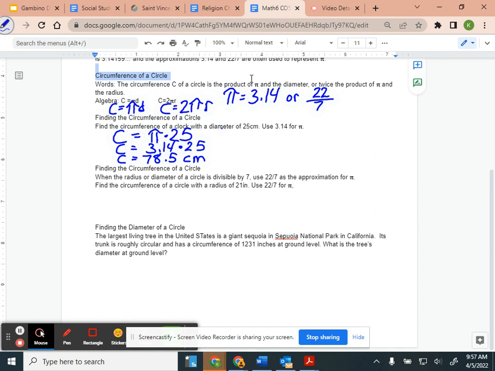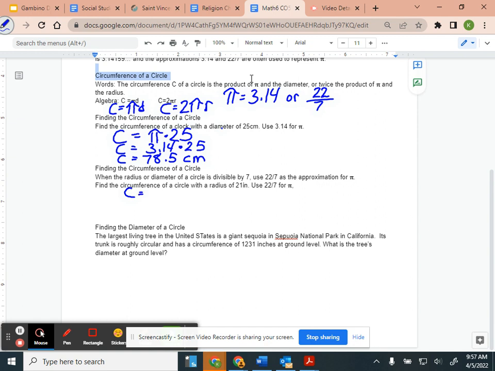So let's look here. When the radius or diameter of a circle is divisible by 7, use the 22/7 as the approximation for pi. So let's find the circumference of a circle with a radius of 21 inches. How am I going to set this up? Will?